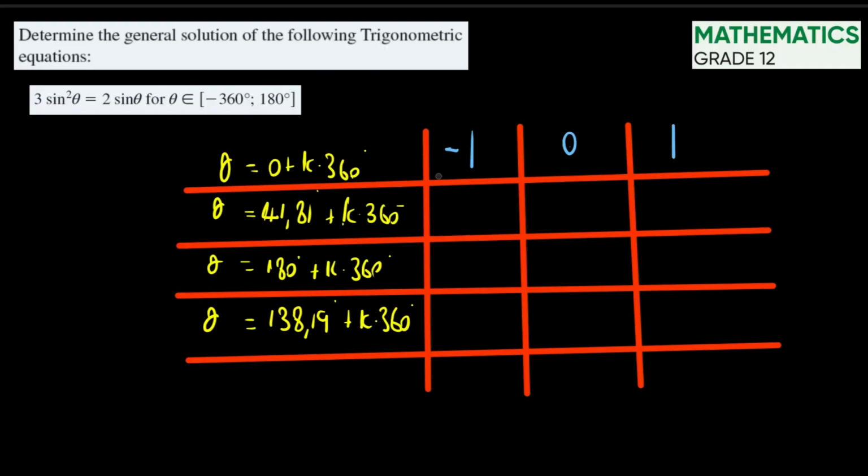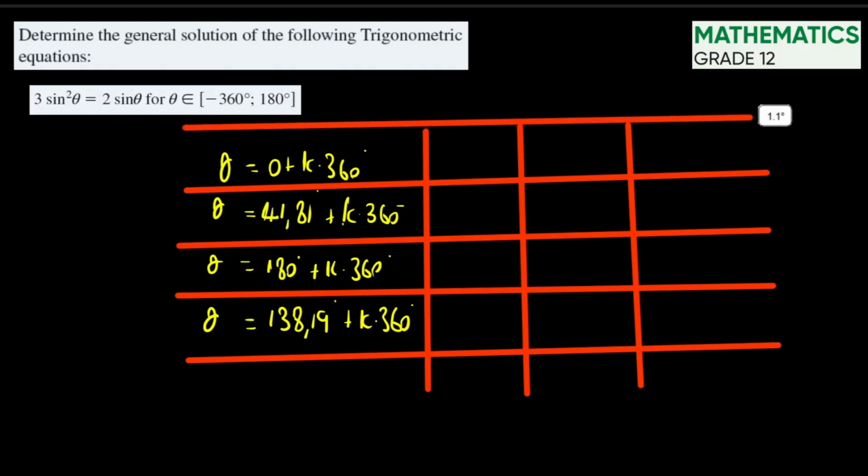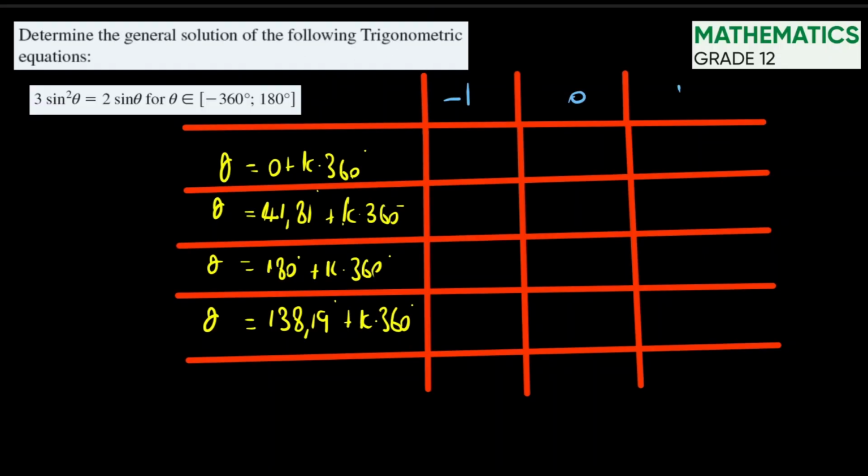We take -1 and substitute it with its k, and you're going to have -360 degrees.